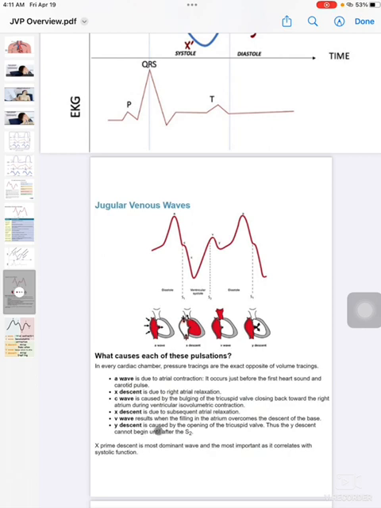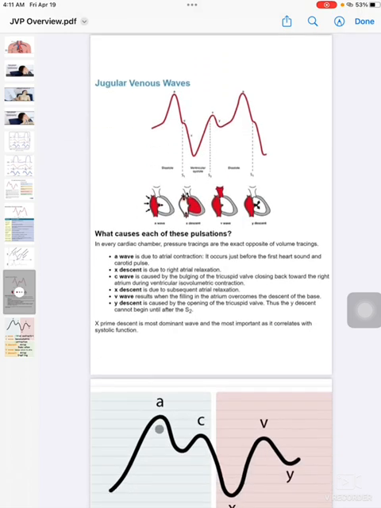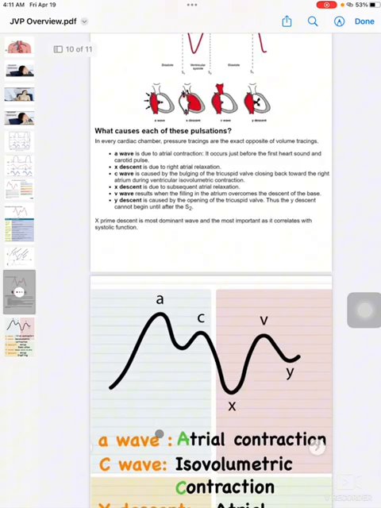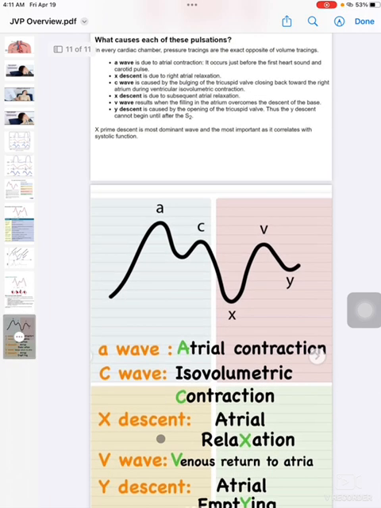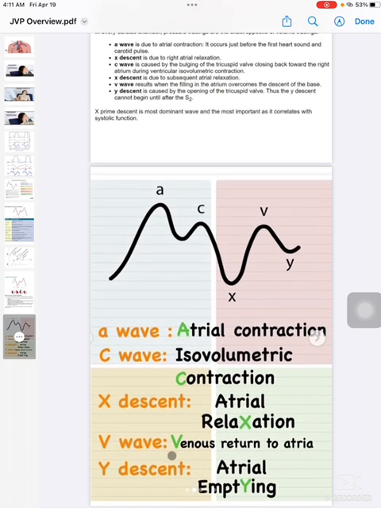I have discussed this previously. Now I have shared mnemonics to remember the wave formations, such as A for atrial contraction, C for isovolumetric contraction, X descent for atrial relaxation, V for venous return to the atria, Y descent for atrial emptying.